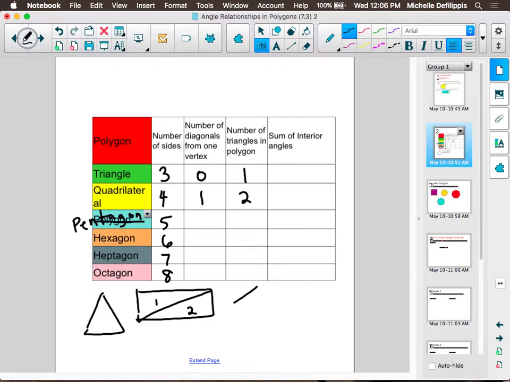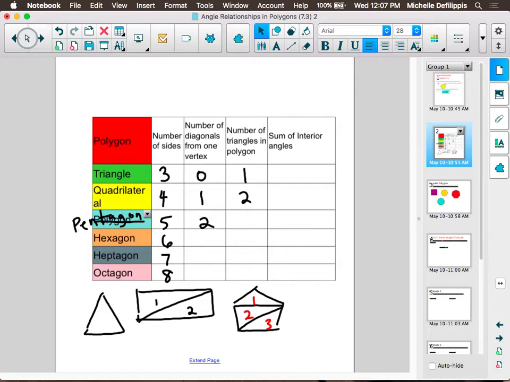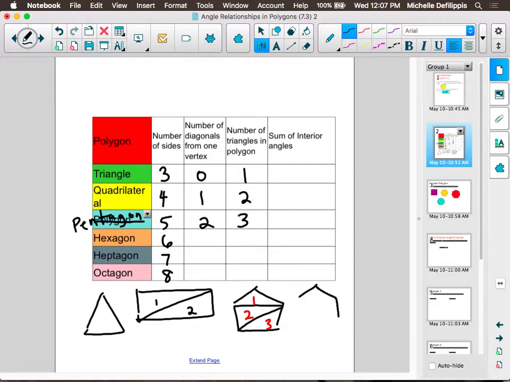If you think of a pentagon, and you were to draw 2 lines, diagonals, then you would end up having 1, 2, 3 triangles. In the case of a hexagon, try thinking of it in your head.